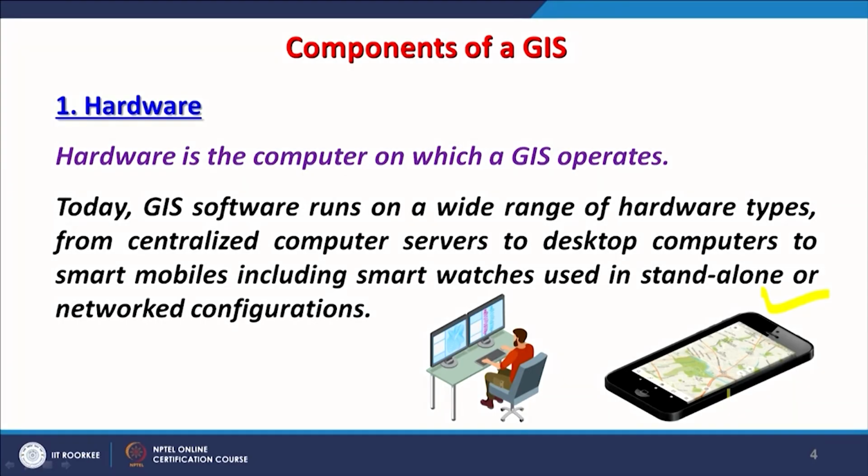Next is the very important component of the software. When I started discussing the historical development of GIS in the previous lecture, I discussed how Roger Tomlinson, who is known as the father of GIS, initially developed the software, that is the Canadian GIS or CGIS.